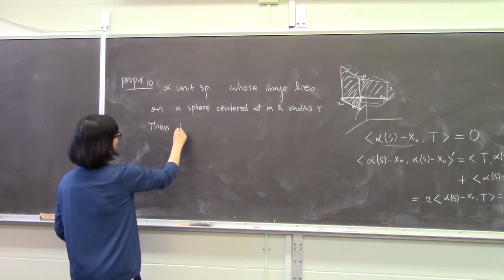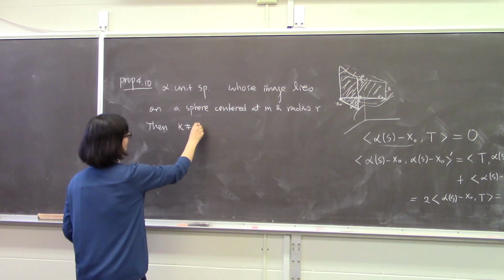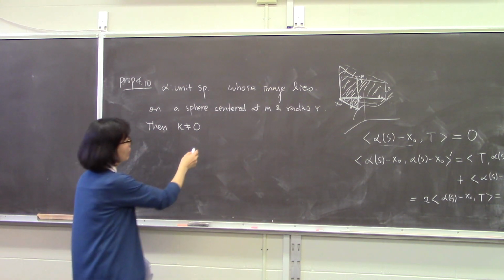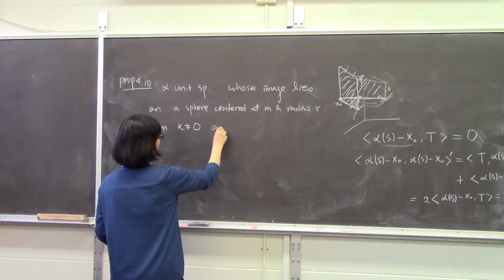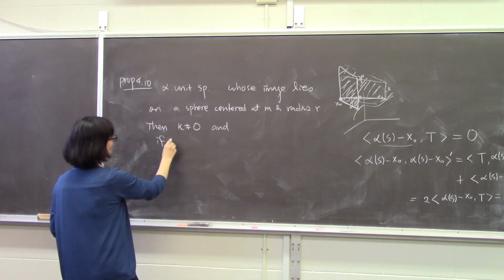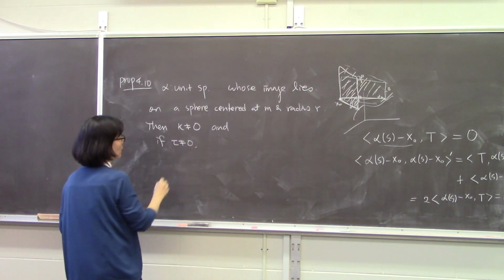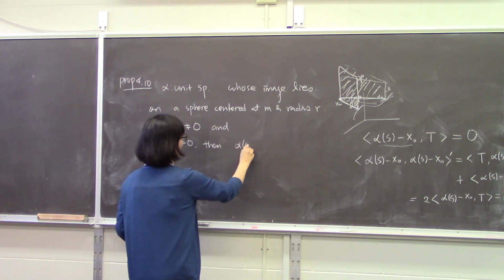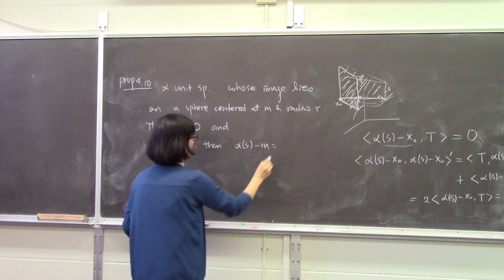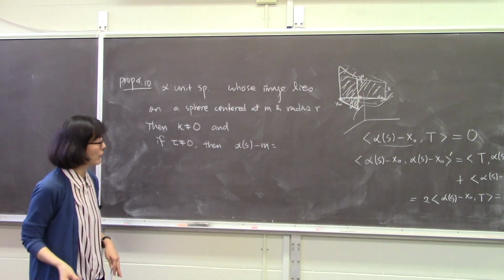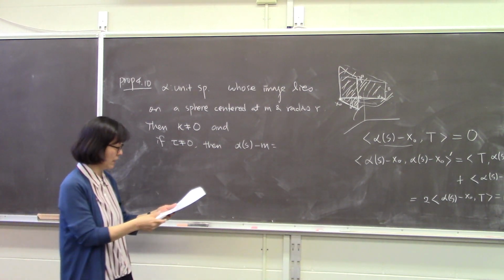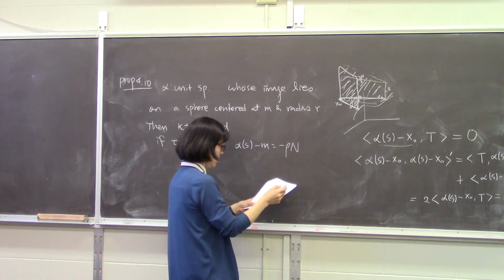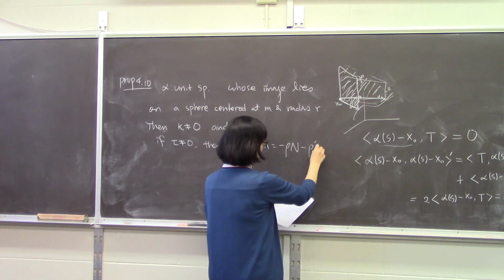Then curvature of the curve is not zero. And if the torsion is not zero again, then we have that equation. Alpha minus m, where m is the center, can be written as minus rho n minus rho prime sigma b.